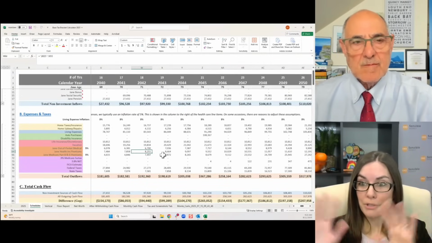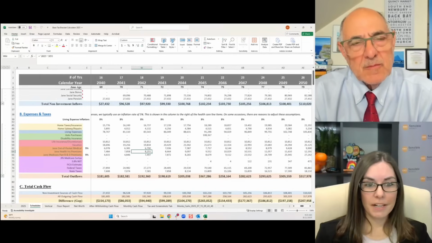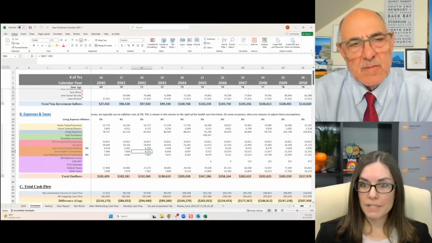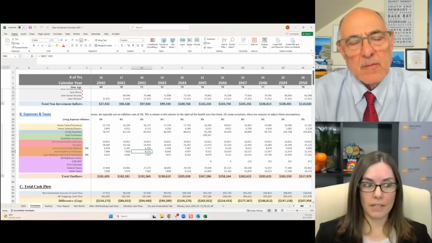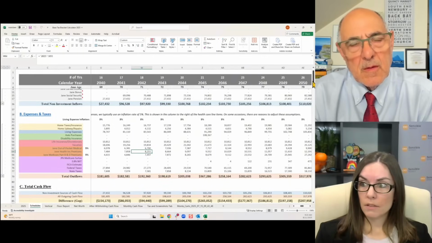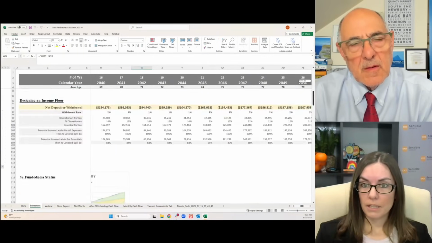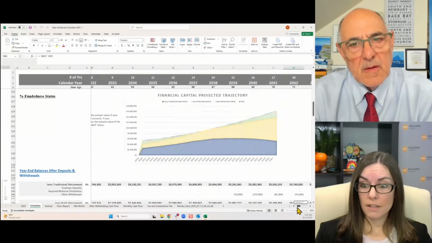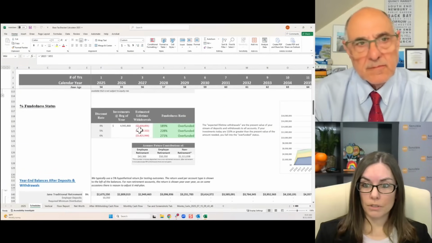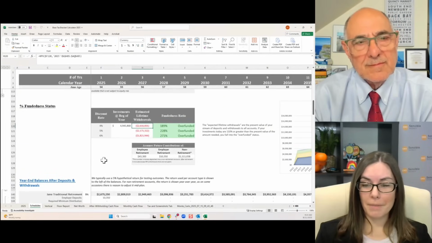So those are all the details. Now, what does this mean in terms of retirement metrics, or how can I analyze or evaluate this? Well, one of the things we look at in this particular meeting is something we call fundedness. You mentioned the 4% rule earlier, Bob, and your back of the napkin math was great.